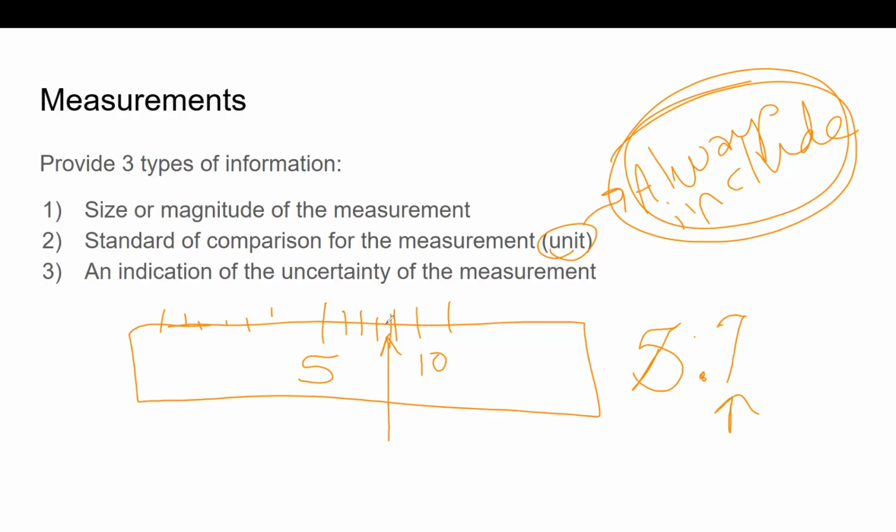Now this number right here is an estimation. So I'm only certain up to this number. I know that it's at least 8. I know that it's 8 point something. That's with certainty. But this last number, I had to estimate what it was. So that gives you an indication of the uncertainty of the measurement. This estimate is the uncertain number.